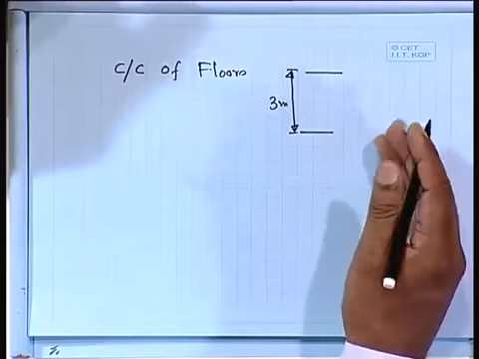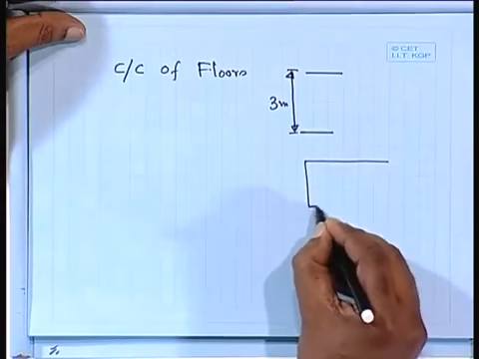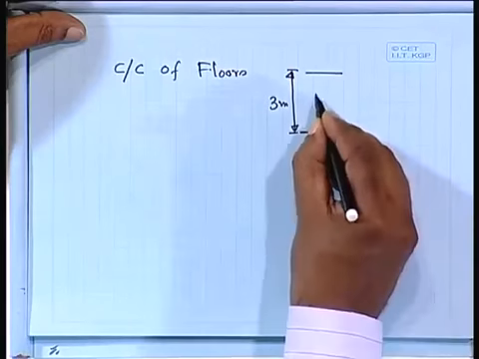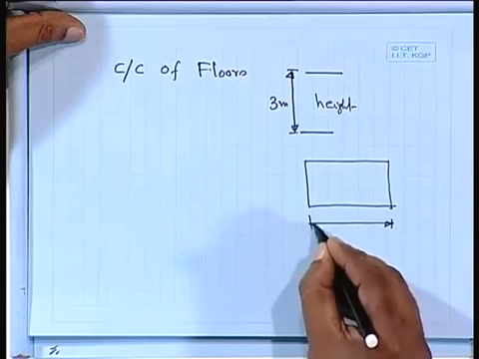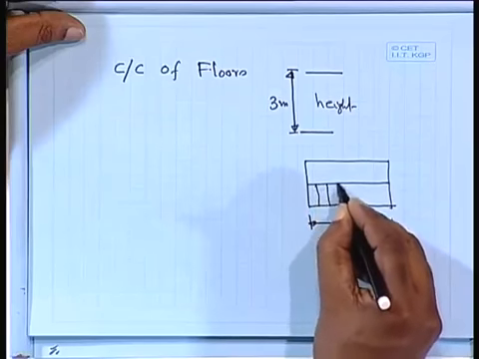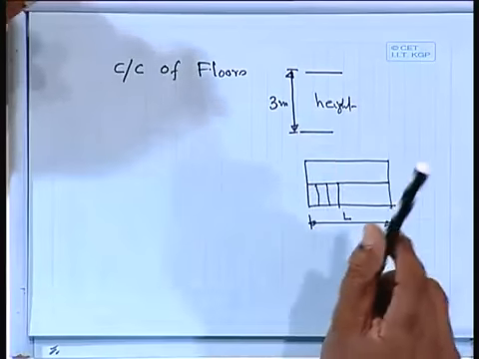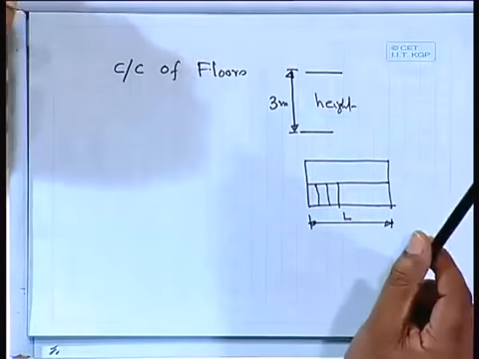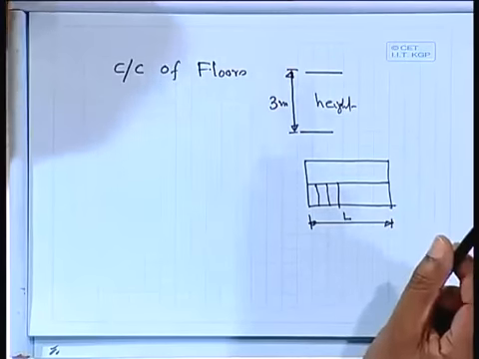Similarly, we have the length, the size of the room where you have to accommodate. So if this is your height and this is your length, we have to accommodate here. Depending on that, how many steps you will provide also depends. So not necessarily that we shall keep it within that range, that is, within 250 millimeter for one and 150 millimeter for the other. We can go a little higher or a little less, 5 millimeter, 10 millimeter, it does not matter. But it is also dependent on these two things.